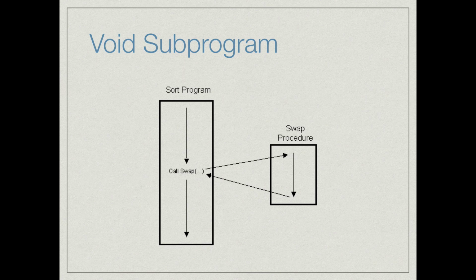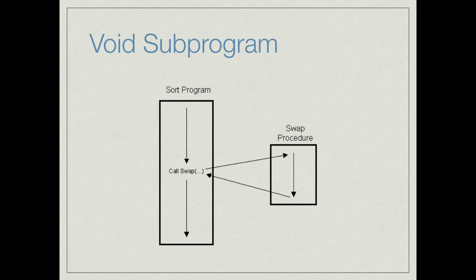Public static void main is one of the primary concepts that just get hammered into the heads of Java students everywhere. Public static void main. Void means it explicitly does not return a value, but a void subprogram could return a value, we just don't use it. We don't care what it is.